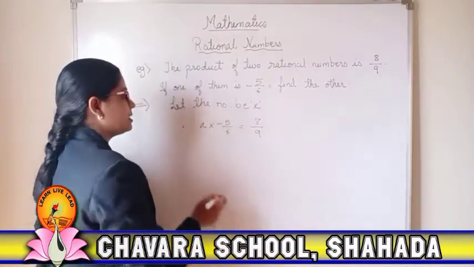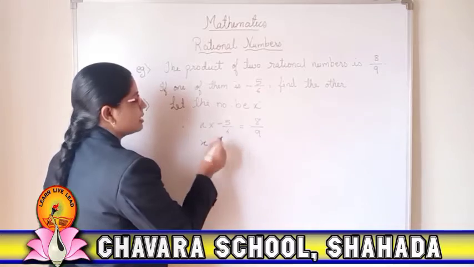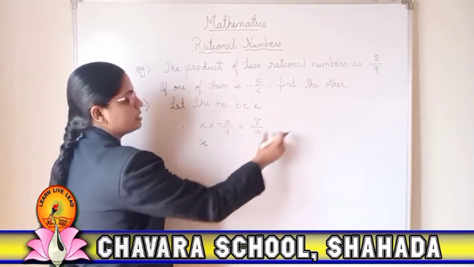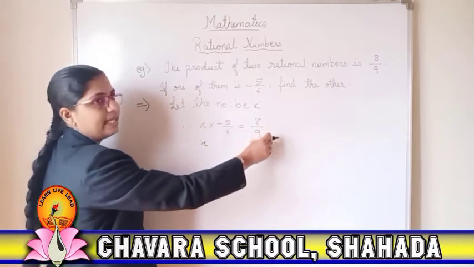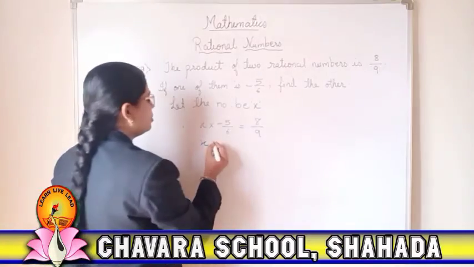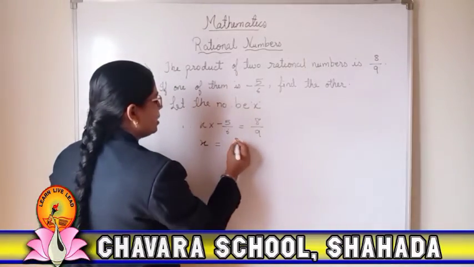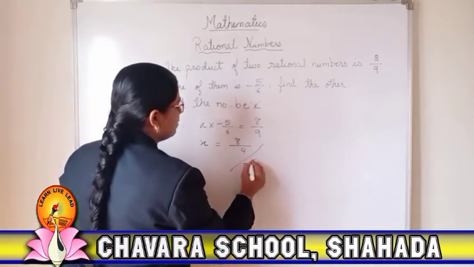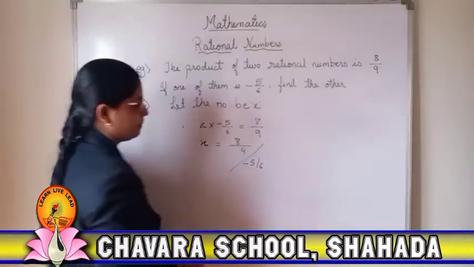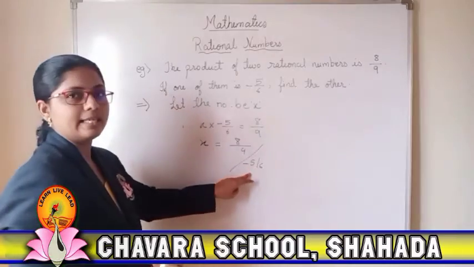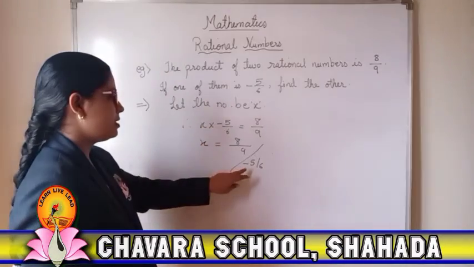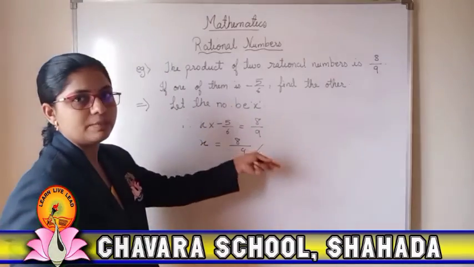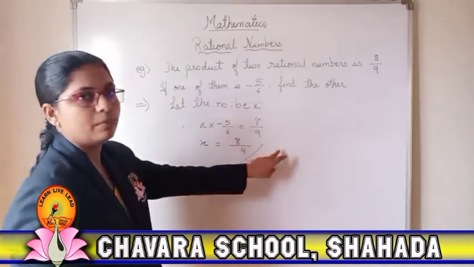Now what will be the next step? x equals, this 5 upon 6 will go to the other side and it will be divided. So x equals 8 upon 9 divided by negative 5 upon 6. In this case, negative 5 upon 6 will be reciprocated and it will get multiplied.